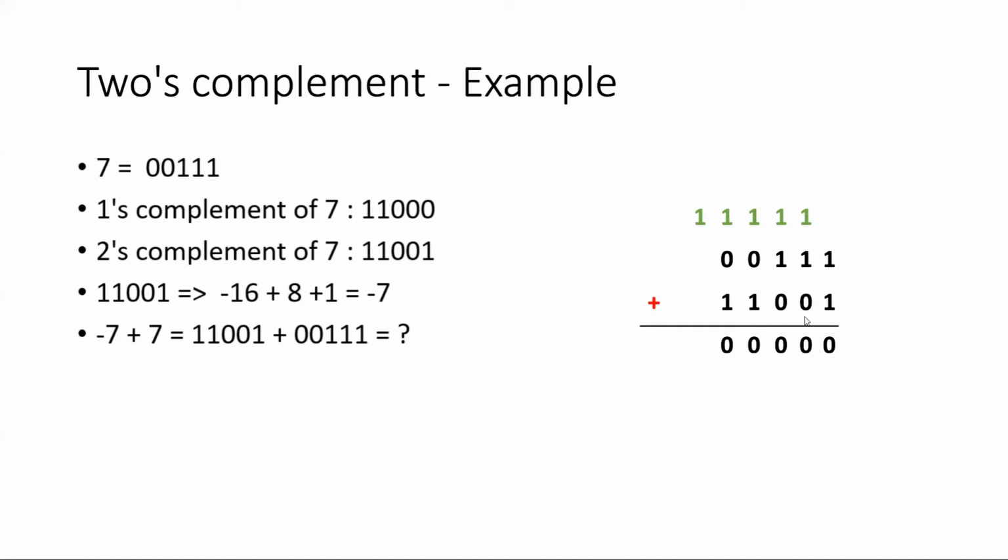Again, we have 1 plus 1. So we have a 0 here, a carry, 1 plus 1, 0 carry, 1 plus 1, 0 carry, 1 plus 1, 0 carry. And we discard the last carry. So we have obtained 0. And so the 2's complement method works with arithmetic, and we can easily do addition, subtraction.